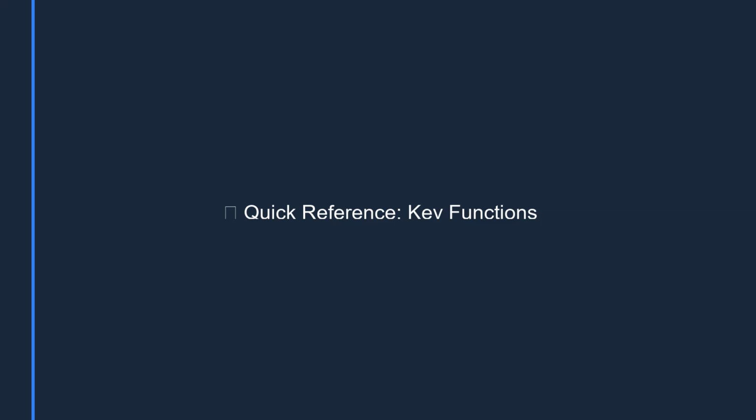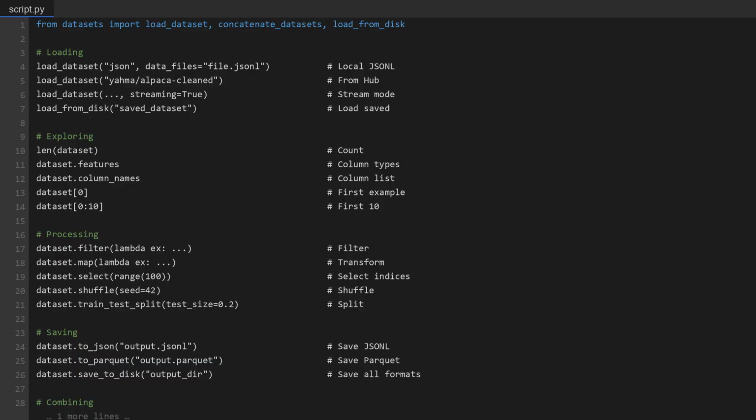Quick reference, key functions. Here's the complete function inventory for this lesson. For loading, load_dataset handles local files and hub datasets, with streaming=True for large files. For exploration, len, features, column names.